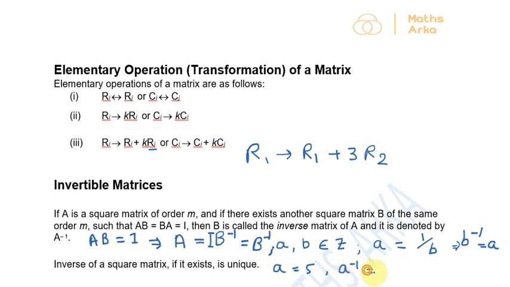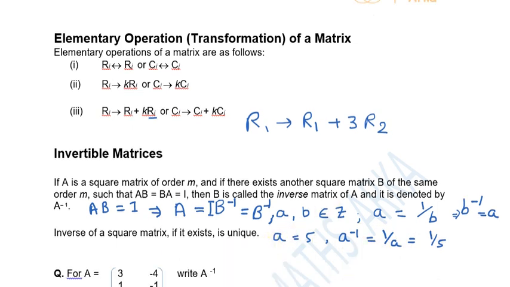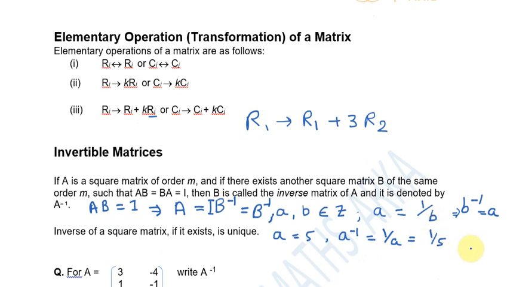A inverse is equal to 1 upon A, which is 1 upon 5, and suppose we consider this to be B. Then AB is equal to 5 into 1 upon 5, the 5 gets cancelled out, and we are left with 1.